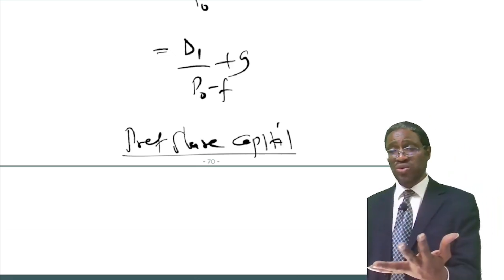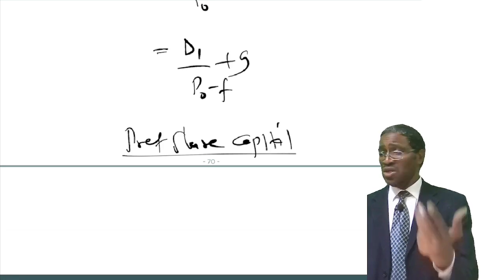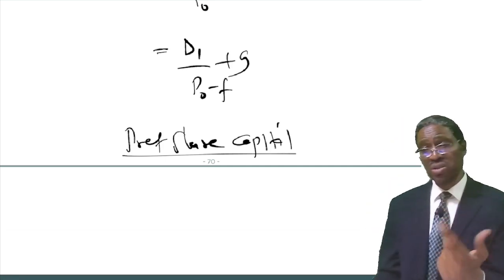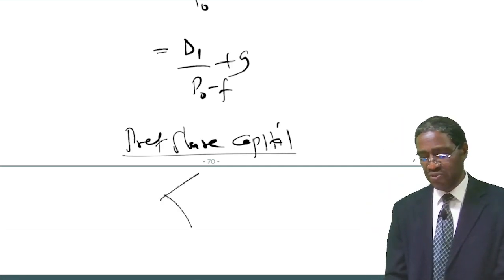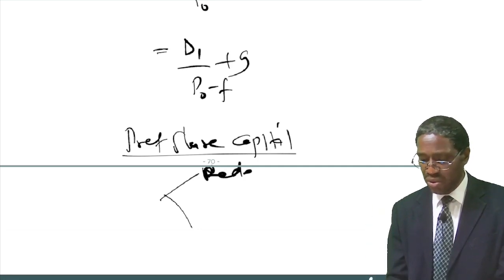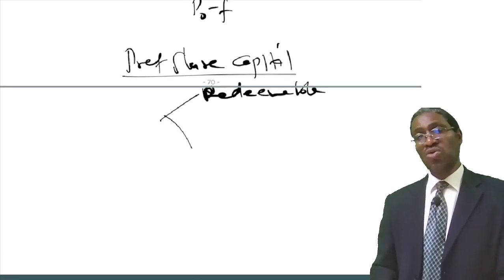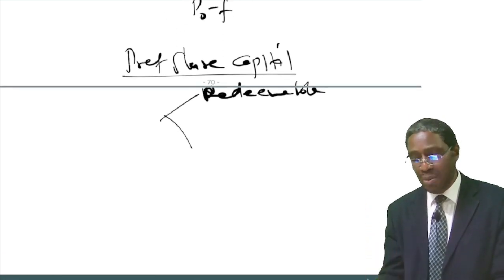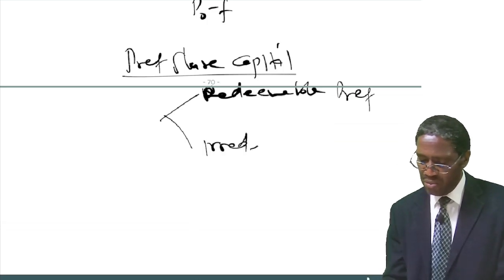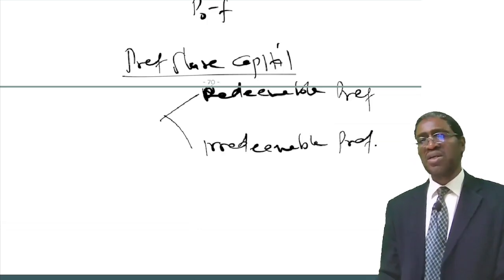What I just want you to know is that when it comes to preference share capital, you either have redeemable preference shares or non-redeemable preference shares. We have two types of preference shares. How to compute their cost depends on whether you are dealing with redeemable or irredeemable preference shares. That's what we shall discuss next time.